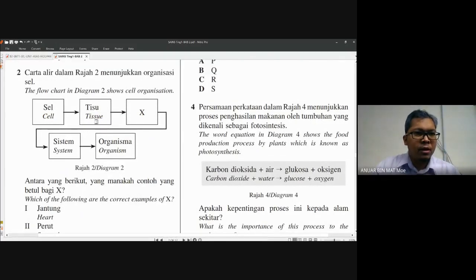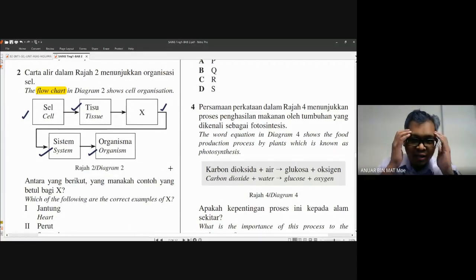So you are given a flow chart. Make sure you understand how to read the flow chart, meaning that it has an arrangement. It is arranged in orderly fashion, starting from cell, tissue, organ, system, and organism.